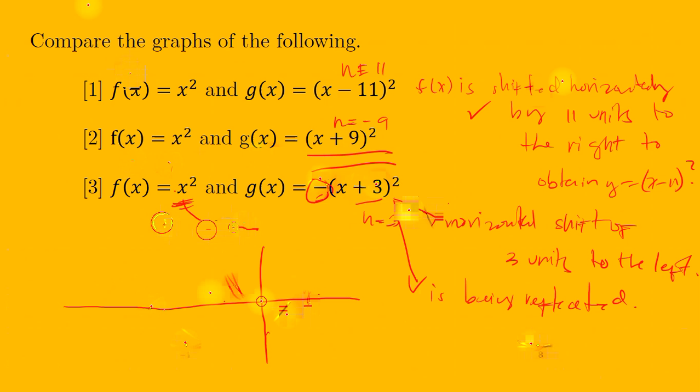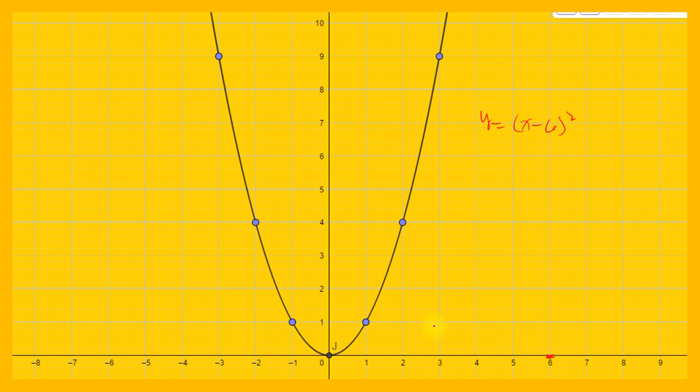So 0 plus 6 becomes here. 1 plus 6 becomes 7. Negative 1 plus 6 becomes positive 5. 2 plus 6 becomes 8. Negative 2 plus 6 becomes positive 4. And connect those points.